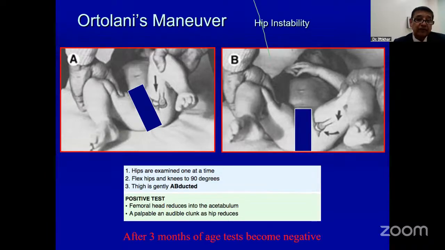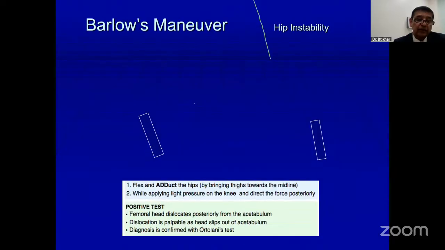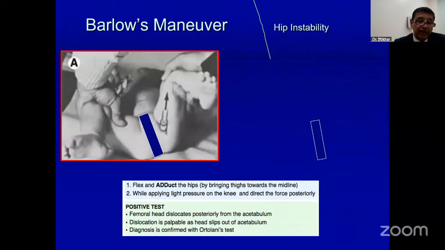What is the next test? Barlow's maneuver, again, is for hip instability. You flex and adduct the hip. Here you're trying to dislocate the hip and see if dislocation is possible.